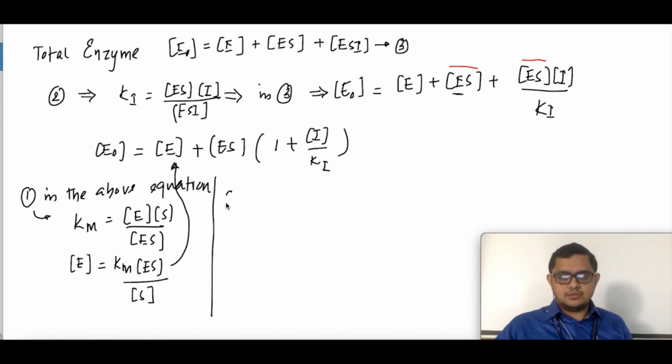So, then the equation becomes E naught is equal to Km into Es divided by S, plus the remaining terms.